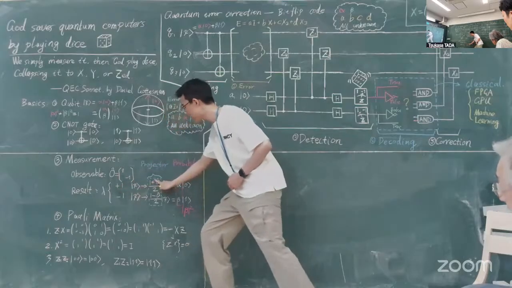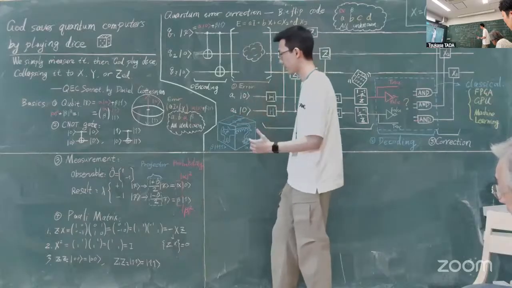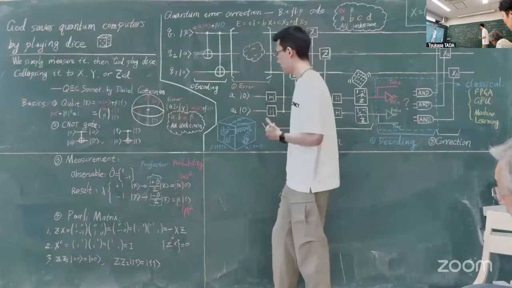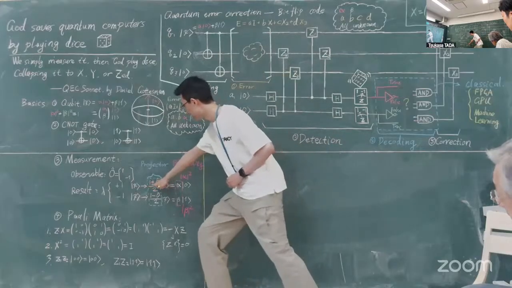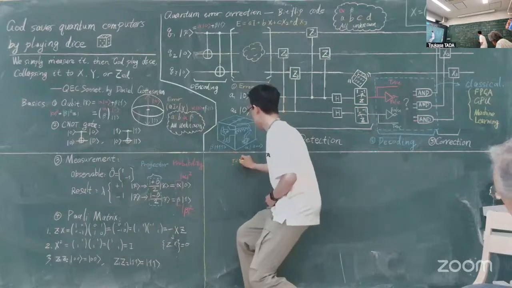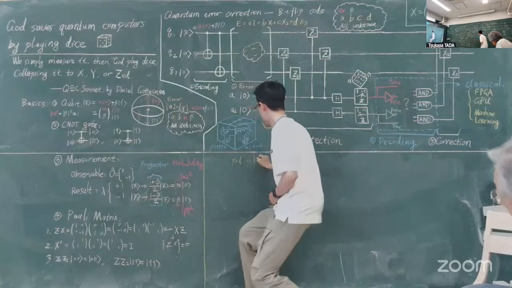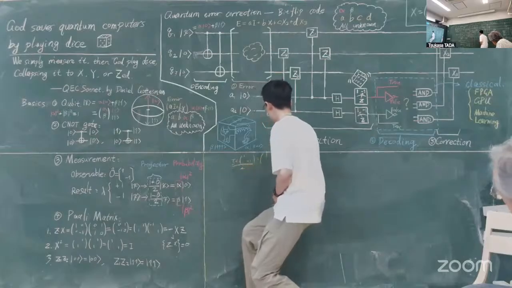So we need to choose the projector according to the measurement result. For example, this projector is (1 + diag(1, -1))/2, which is diag(1, 0).